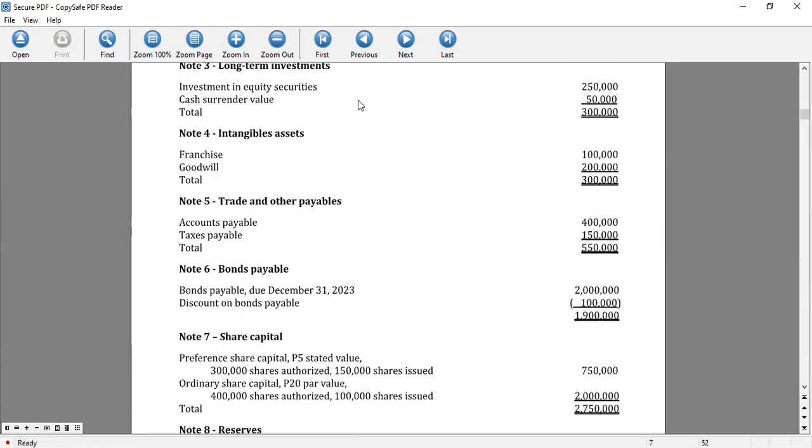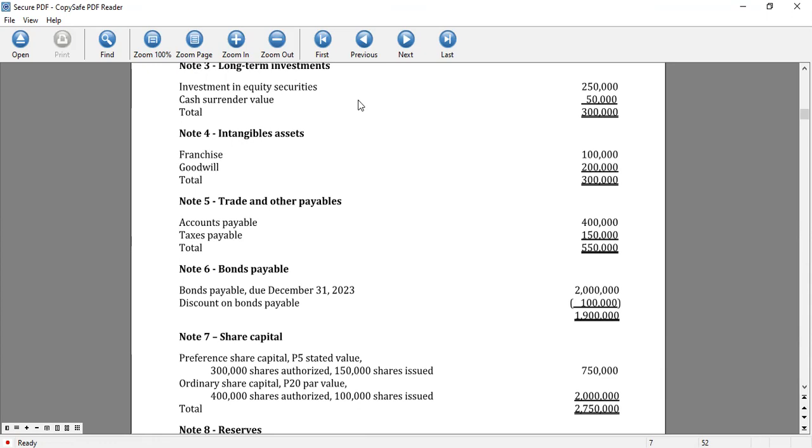Note 7, share capital, preference share capital, 5 pesos stated value, 300,000 shares authorized, 150,000 shares issued. So at 5 is its stated value. So the total stated value of the preference share is 750,000.